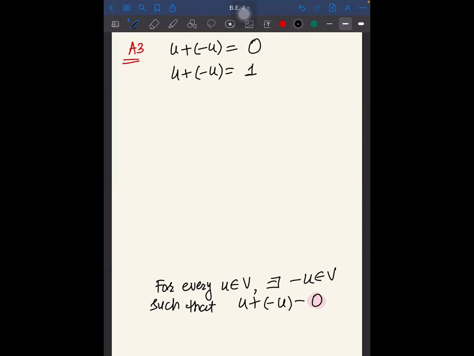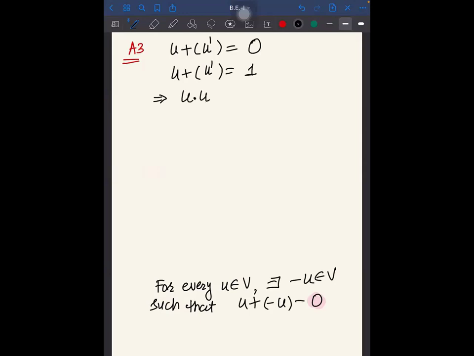So in order to avoid the confusion, I replace this minus u. I don't know the value of this minus u. I call it u dash. But what is that addition operation over here?